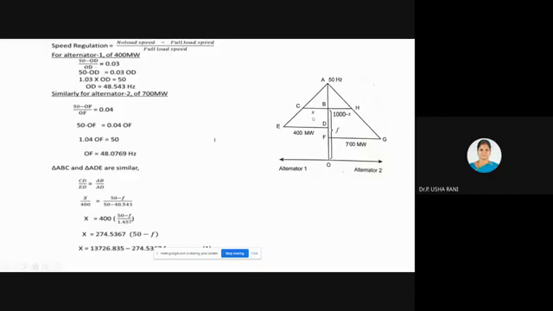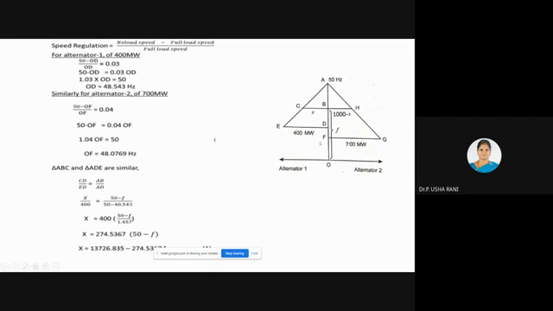Full load speed here means the frequency, that is OD, for alternator 1. So 50 minus OD divided by OD is equal to 0.03. You find OD from this equation. Simplifying that, you will get 48.543 Hz.